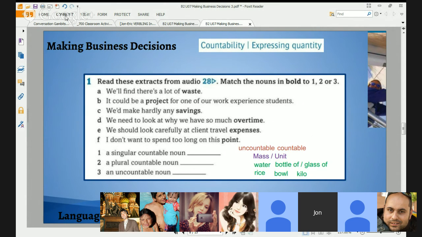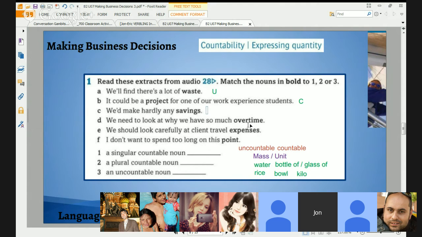So I'm going to put a little U for uncountable. Daniel, do B for us. It could be a project for one of our work experience students. Project is countable. Countable. Okay. Serene, can you do C for us?